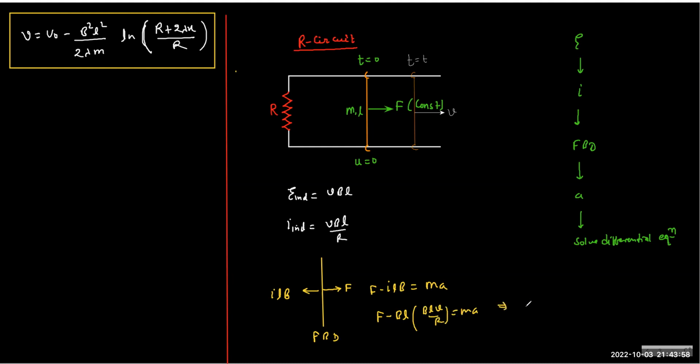So F minus B square L square by R into V is mass into acceleration, which you can now solve.